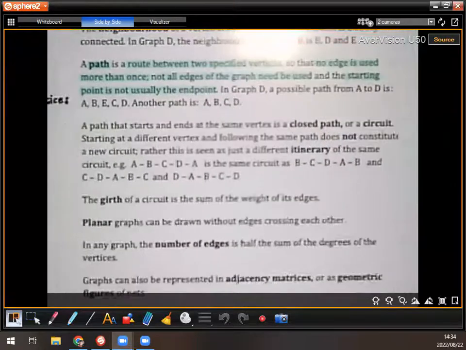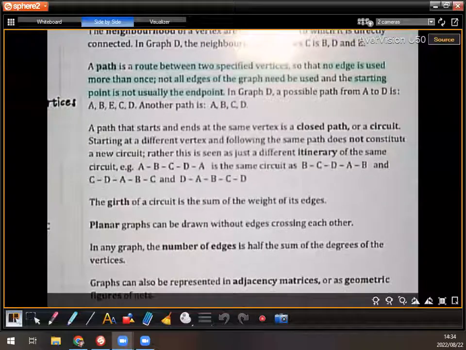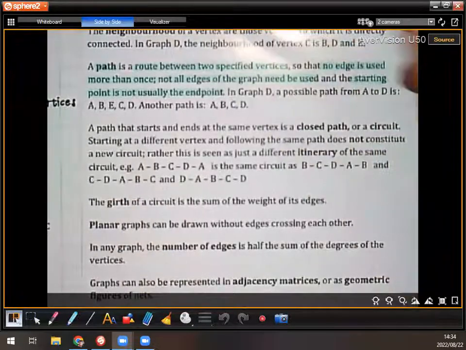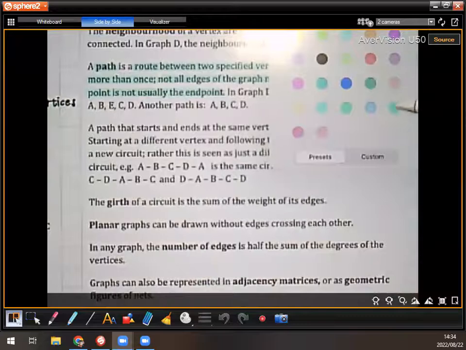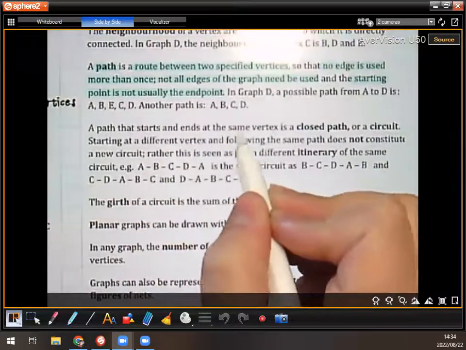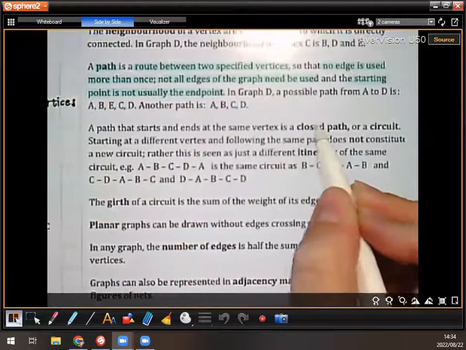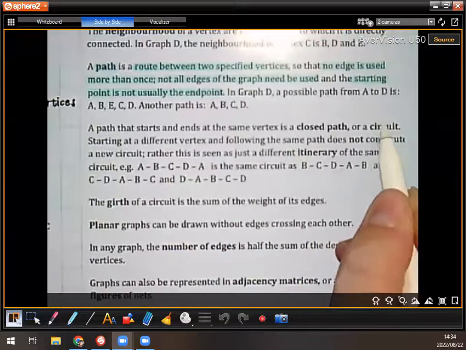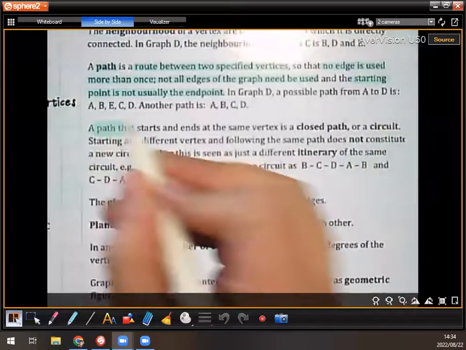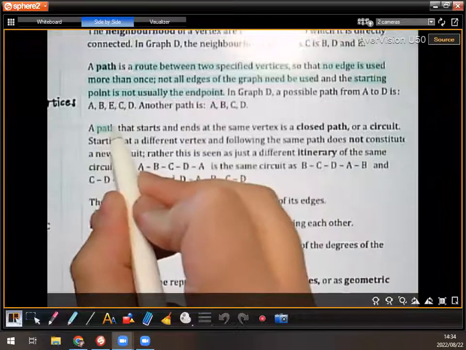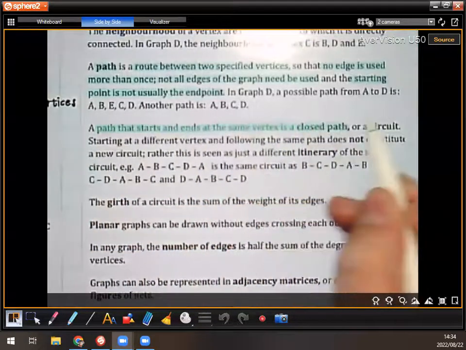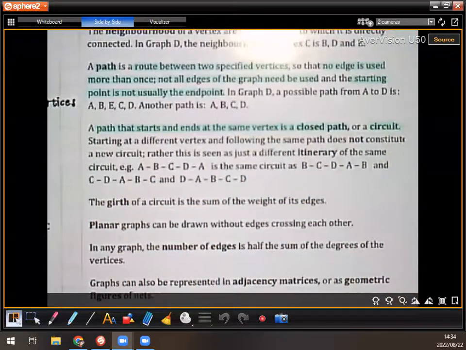Now the second one. We're looking at the next one. This is important, guys. Now we must remember the definition of a path. And now we're specifying that definition a little bit more. Now we're saying a path that starts and ends at the same vertex is a closed path or circuit. A path that starts and ends at the same vertex is known as a closed path, or we usually use the word circuit.